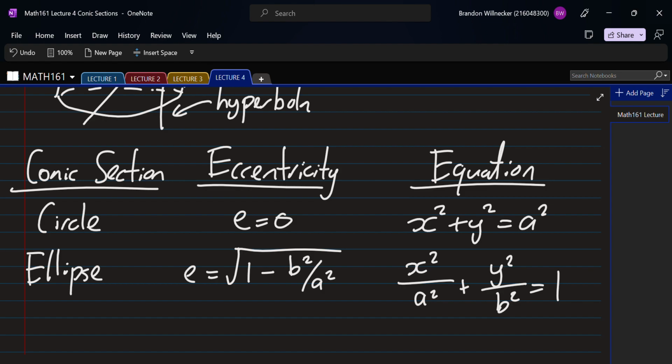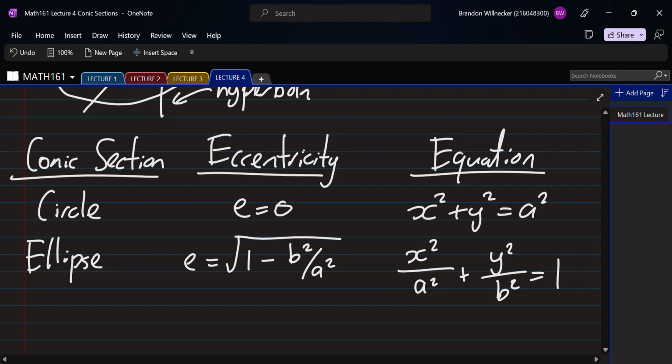This eccentricity value will range from 0 up to 1, not including 1, because in that case we will have a parabola. Different eccentricity values are responsible for different amounts of stretching of the ellipse.